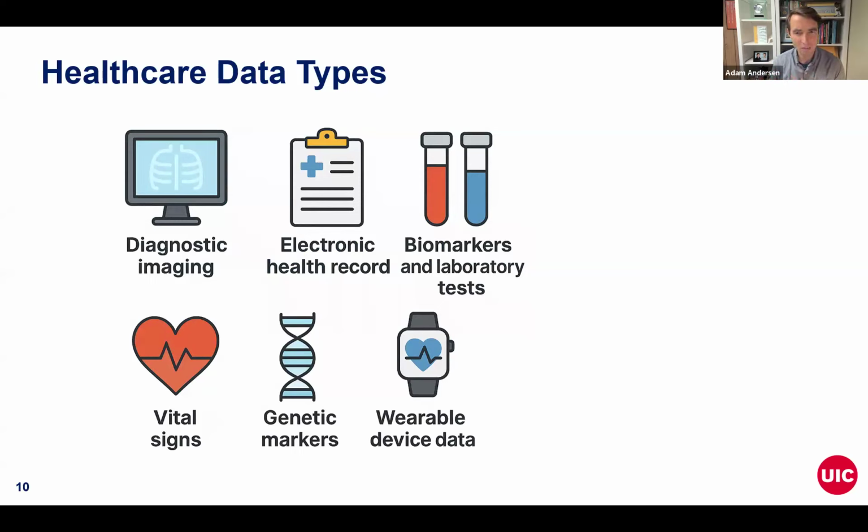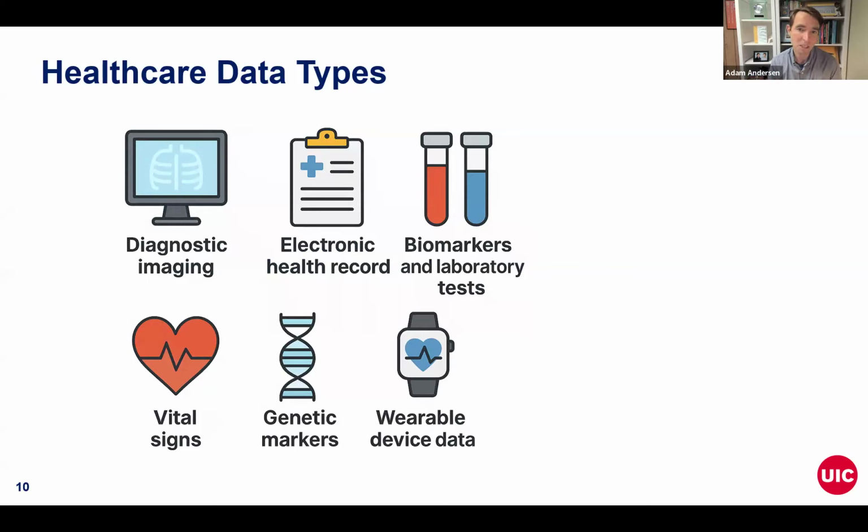If you've ever gone to the lab after you saw the doctor to get your blood drawn, and then it's assessed for different biomarkers like cholesterol or your CBCs and all of these different tests that they can measure to make sure you're healthy, that can then provide data to train models.